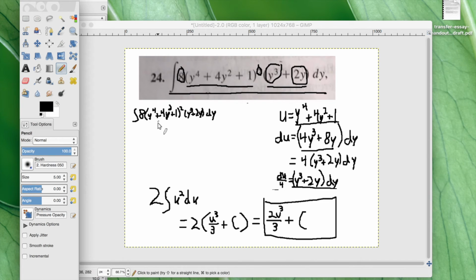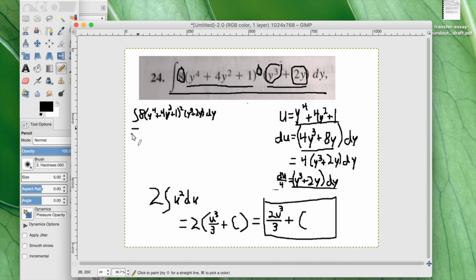ends up becoming 2 times y to the 4th plus 4y squared plus 1, cubed, because we have a 3 up here, so don't forget to cube it, over 3 plus C. This is your answer.